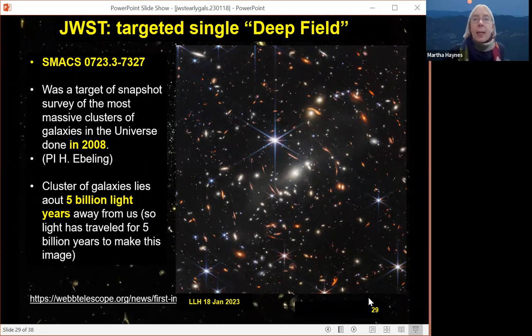What it contains is actually a cluster of galaxies containing thousands of galaxies that lies about 5 billion light years away from us. 5 billion is kind of middle age universe. It's actually what we call cosmic noon. The light we're seeing here was emitted in the epoch when the sun was formed in the history of the universe. The light has traveled about 5 billion years to reach us.